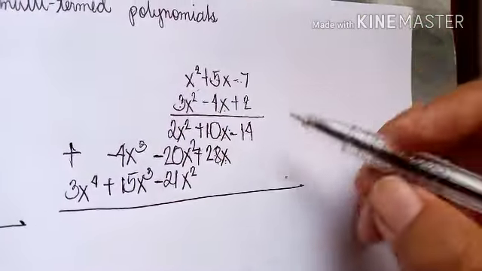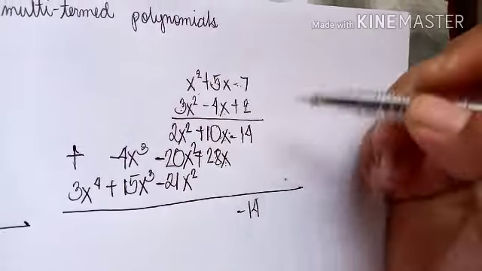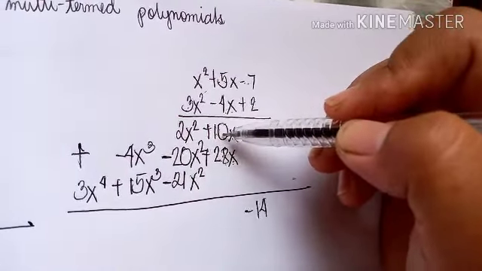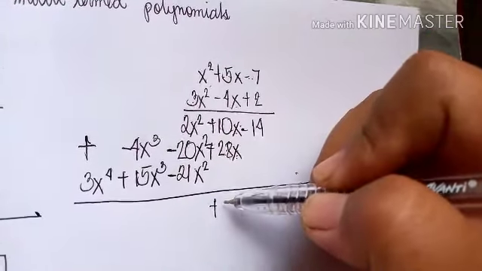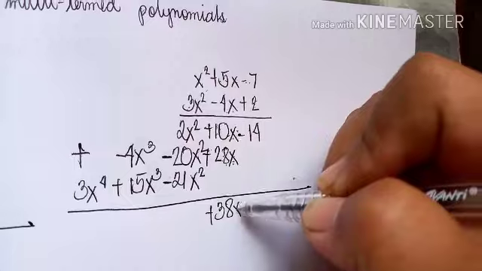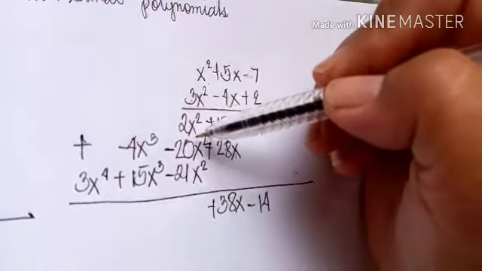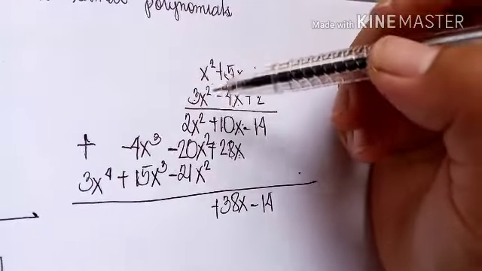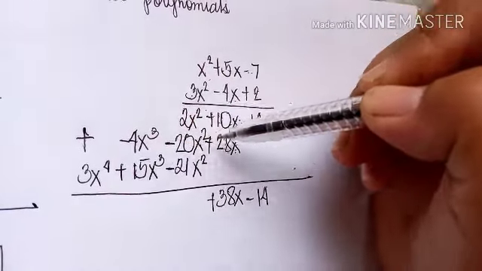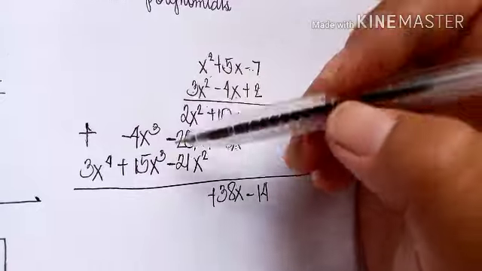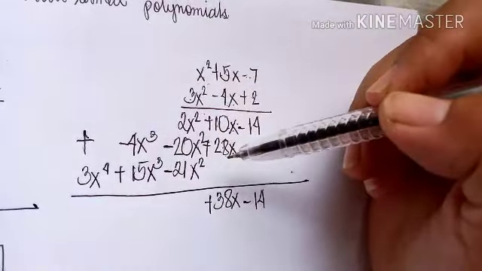So we have negative 14. We will also have positive 10x plus positive 28x is positive 38x. And we have here rather 3 terms. We have 3x squared plus negative 20x squared plus negative 21x squared.